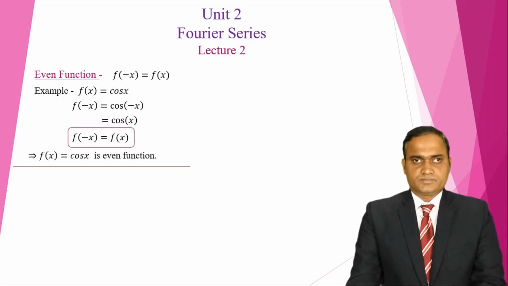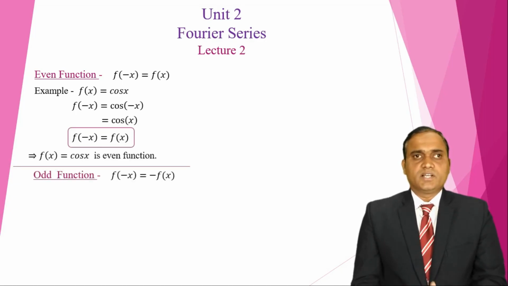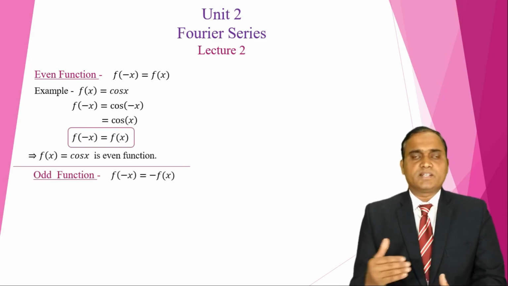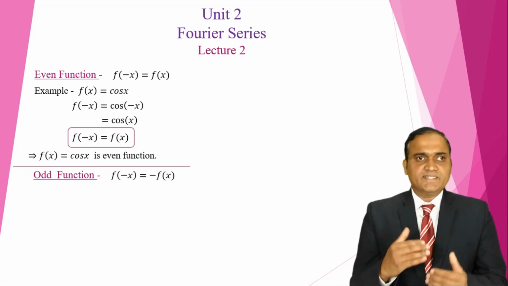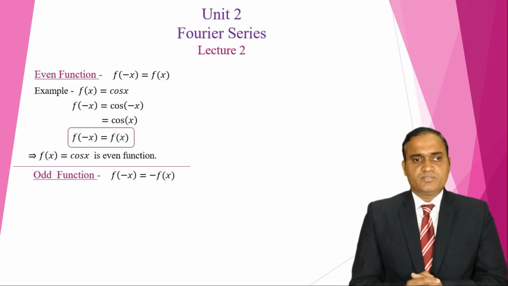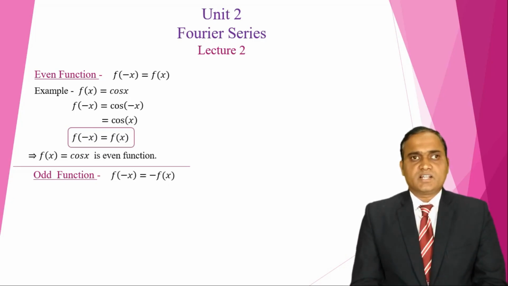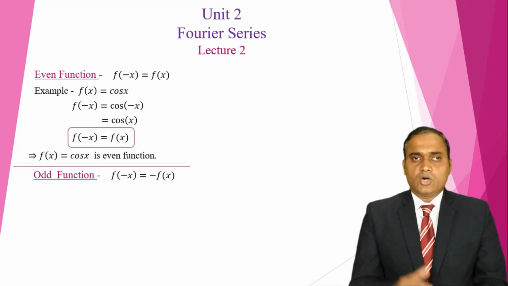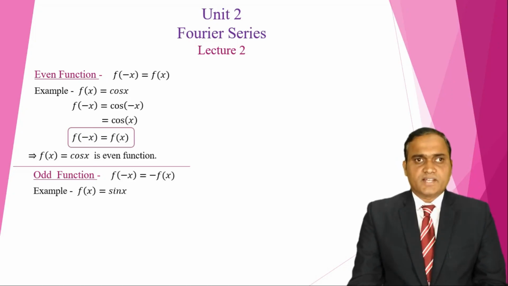Now odd function. Odd function is f of minus x is equal to minus f of x. That means if you replace x by minus x, if you get minus of that function, then we say that the given function is an odd function. So example is f of x is equal to sin x.